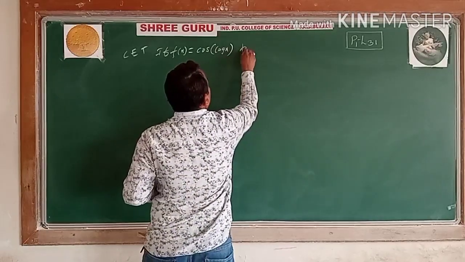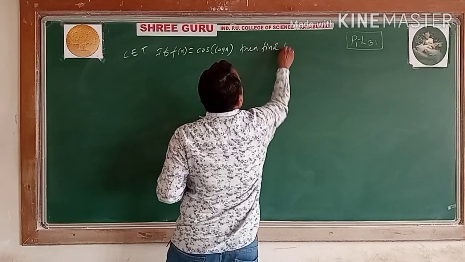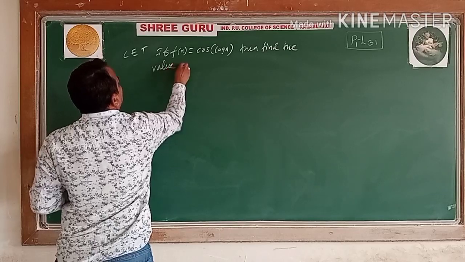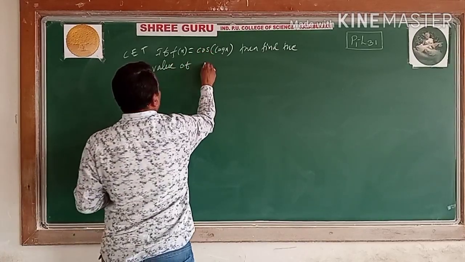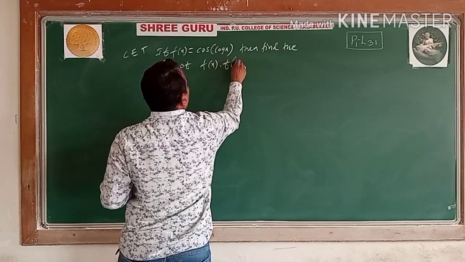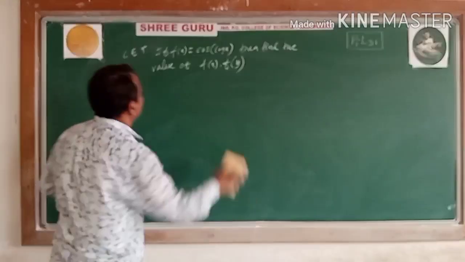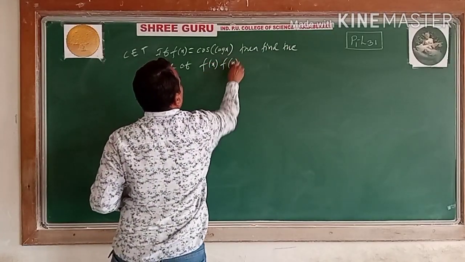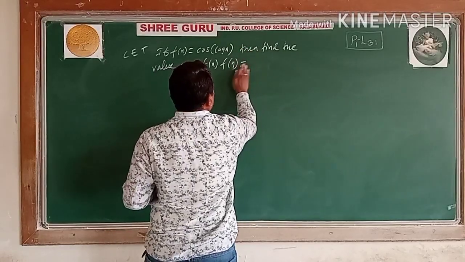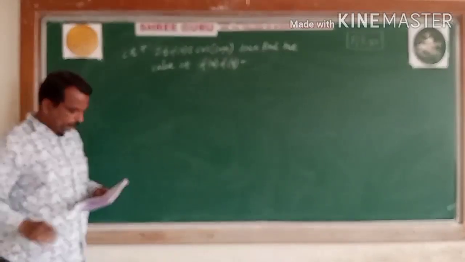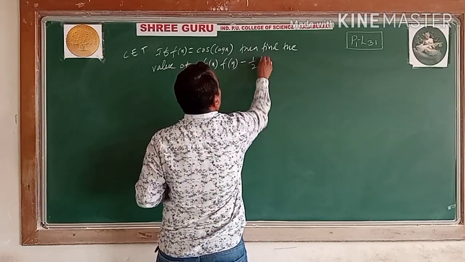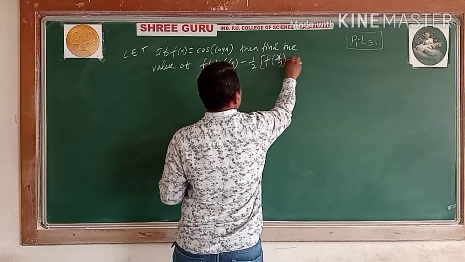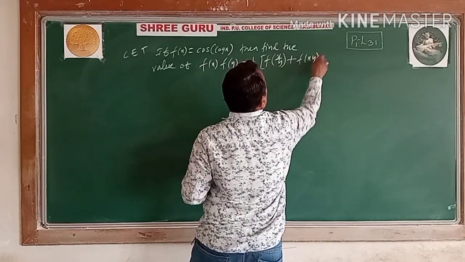Then find the value of f of x into f of y minus 1 by 2 into f of x by y plus f of x into y.